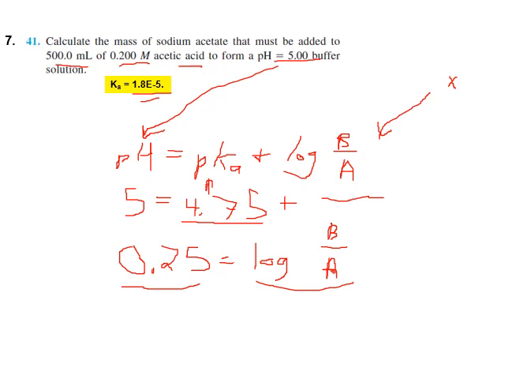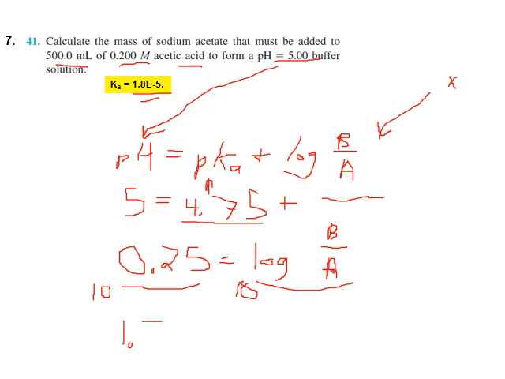Okay, so as we've done many, many times, the easiest way to solve a problem like this is to raise both sides of the equation to 10 to the power of that and 10 to the power of that. So let me just do that real quick. 10 raised to the power of 0.25 is 1.78 approximately. I'm rounding it off a little bit.